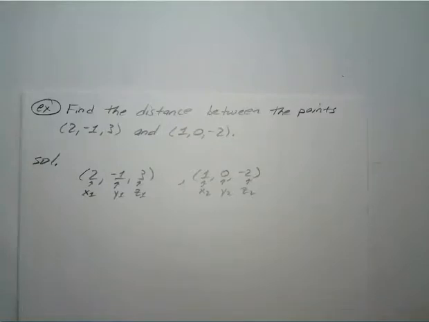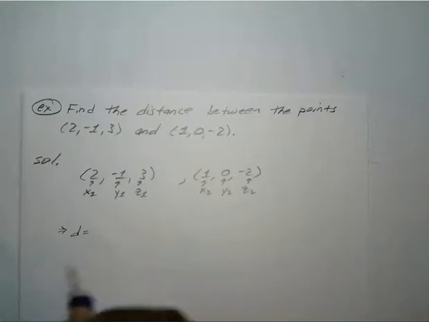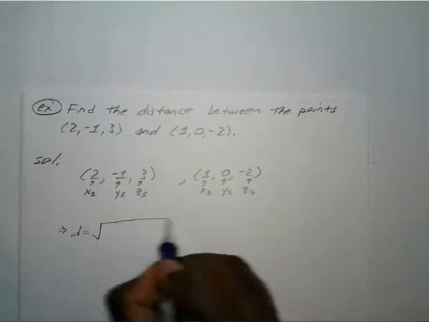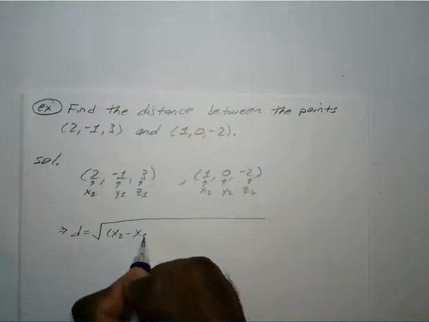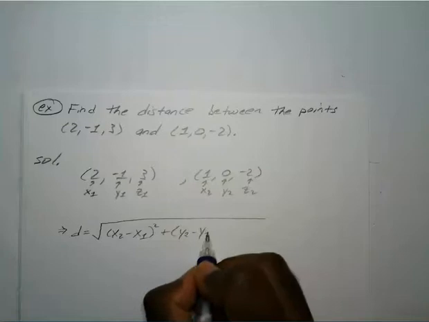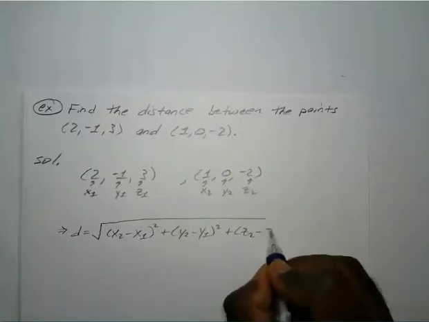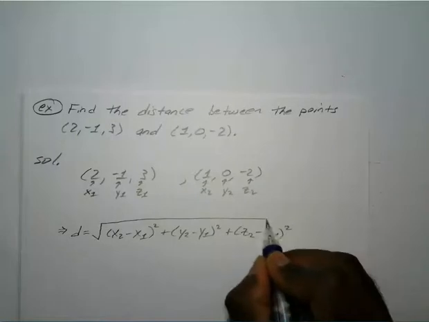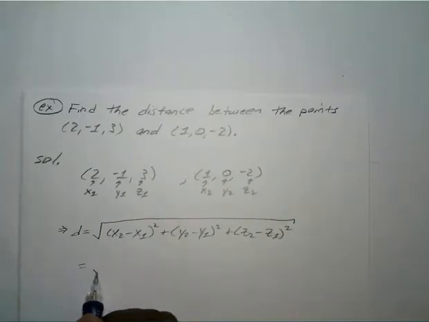So remember our formula for the distance. Distance equals the square root of x2 minus x1 squared plus y2 minus y1 squared plus z2 minus z1 squared. All right, so all we do is plug in our values.